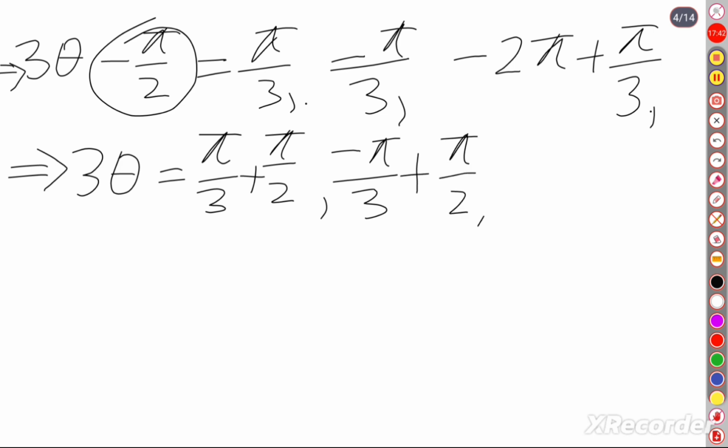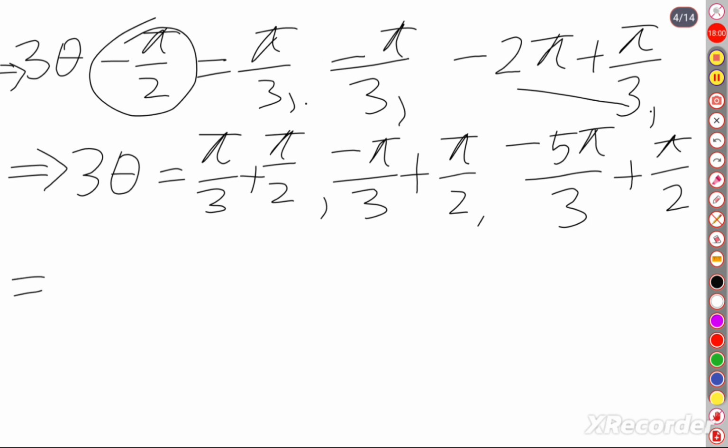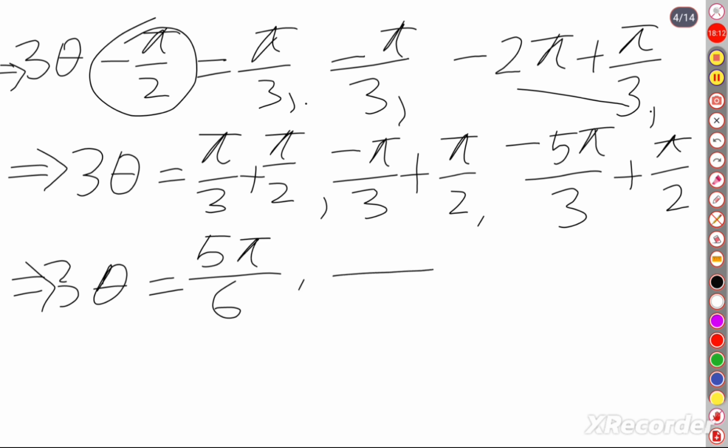The third one: if we calculate it, 3 twos are 6, from 6 pi if we subtract 1 pi, it is negative 5 pi over 3, and from the left side there is pi over 2 to be added. Then 3 theta is going to be 3 theta. If we simplify, then 2 pi and 3 pi, it will be 5 pi after simplification, and it is going to be negative 2 pi, positive 3 pi. So it will be pi over 6.